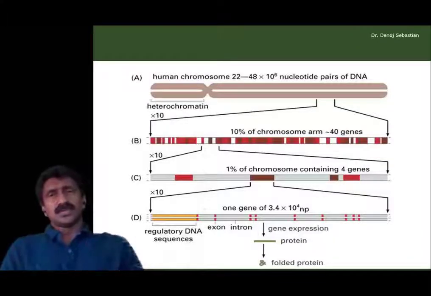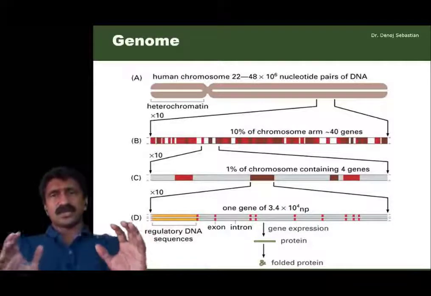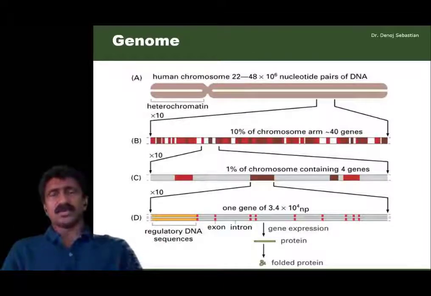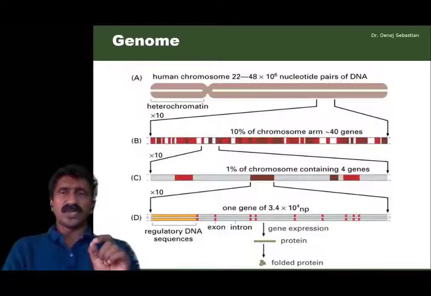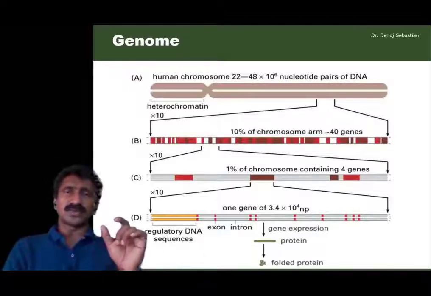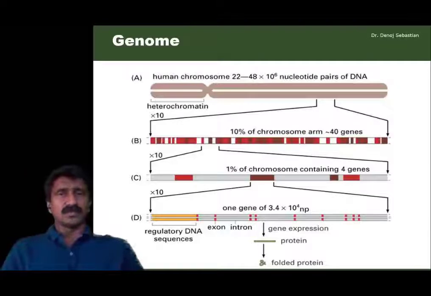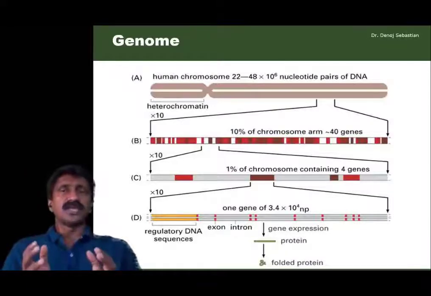Now when we come to the structure of a human chromosome, take the example of chromosome 22, which has a size of about 48 into 10 raised to 6 nucleotide pairs of DNA. About 10% of the chromosome is supposed to contain about 40 genes.